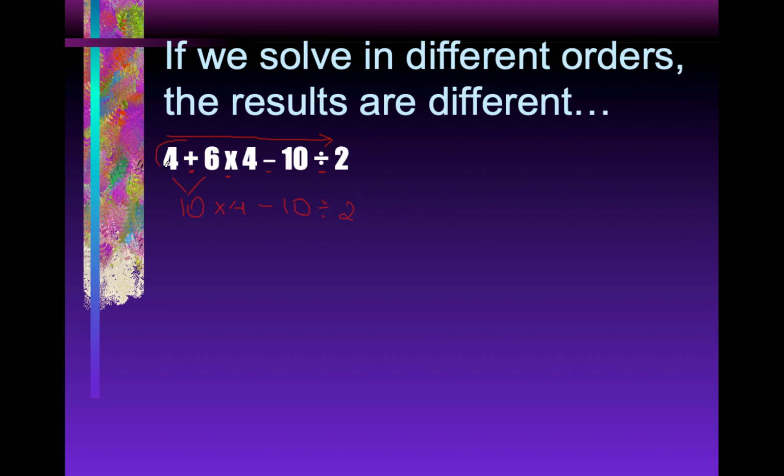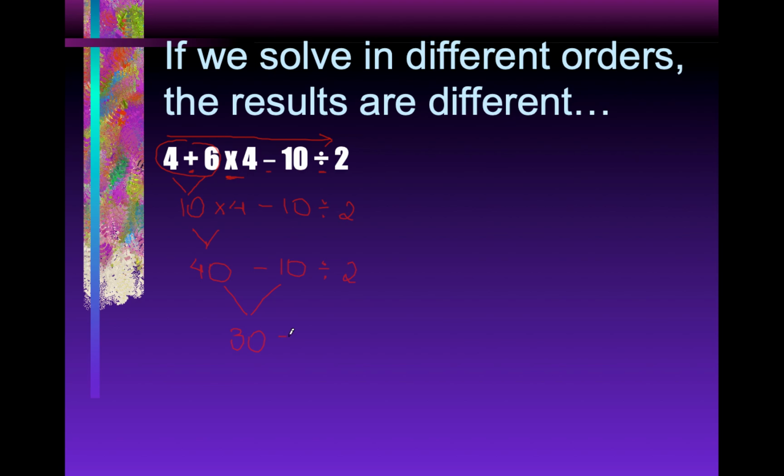So I did this first, right? Now I'm going to multiply the result here by 4. So that would give me 40. And then now I have to subtract the 10, and then last I would divide. So I would now do the subtraction, and I would do 30, right?